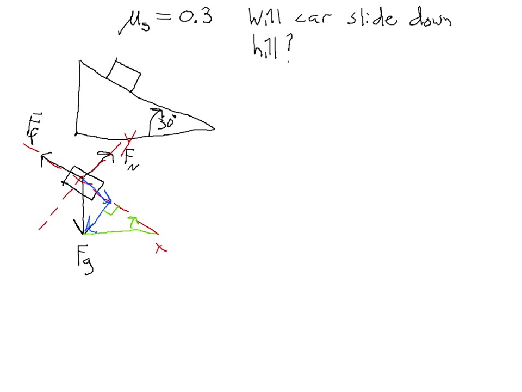This angle is 90, meaning this angle is 60. If that angle is 60, then this angle that I have marked in purple must be 30. So the purple angle, which we'll call theta, is 30.